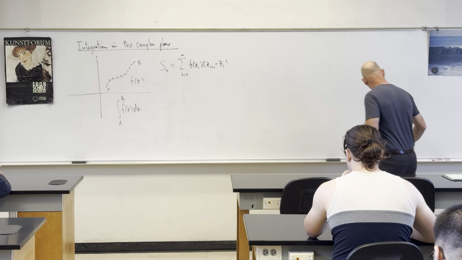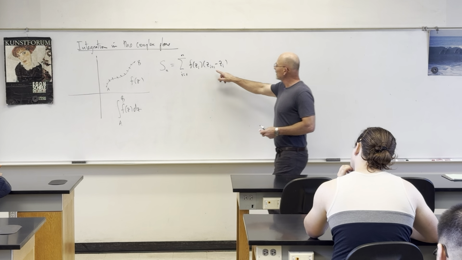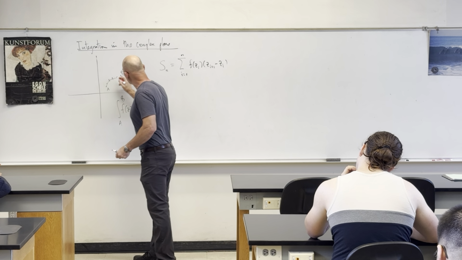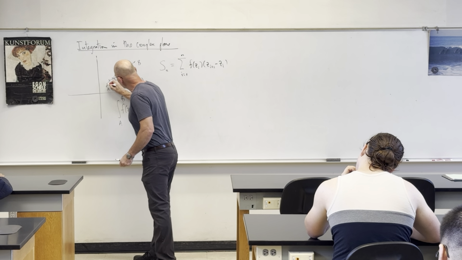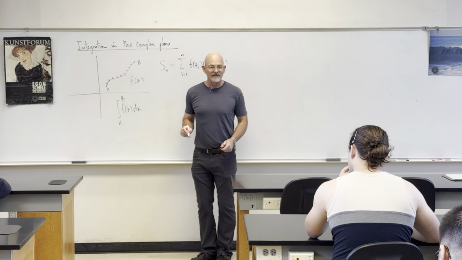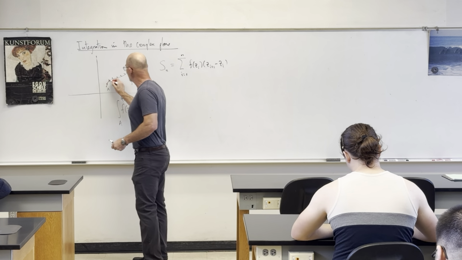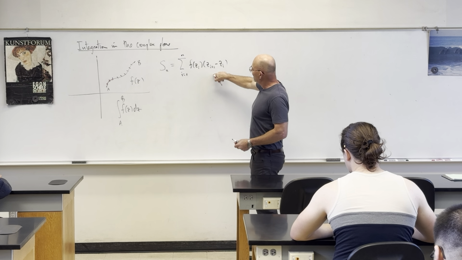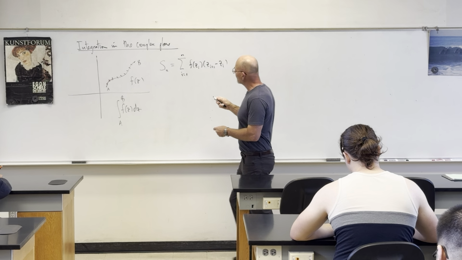What you can see here is this z sub i plus 1 minus z sub i, because of this vector nature of the complex numbers, it is literally a little directed segment. That's what that difference is. It's a directed segment.